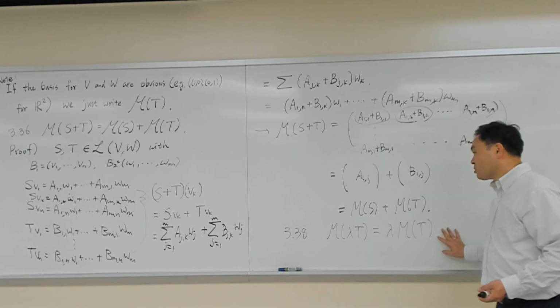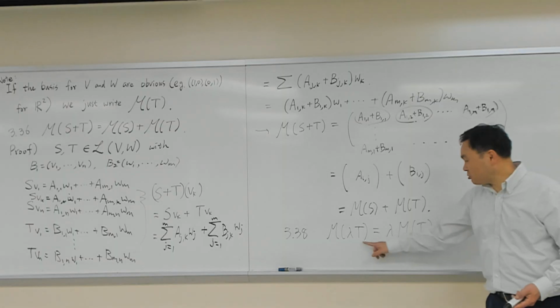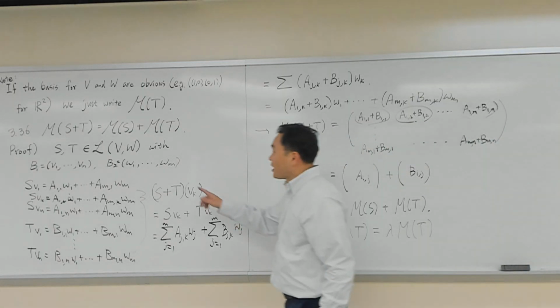And if you put 3.36 and 3.38 together, then you see that M is a linear map, right? So this is homogeneity, and this is additivity, right?